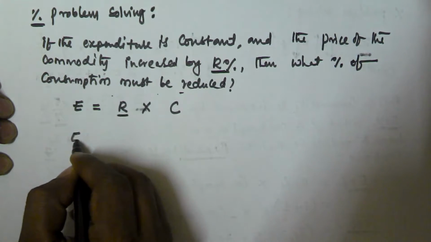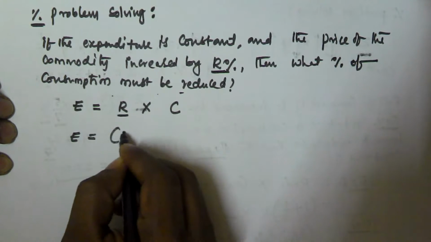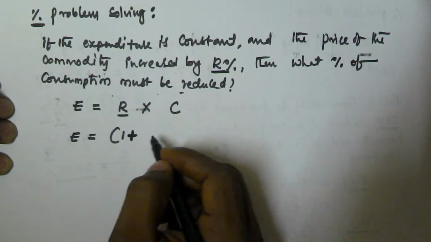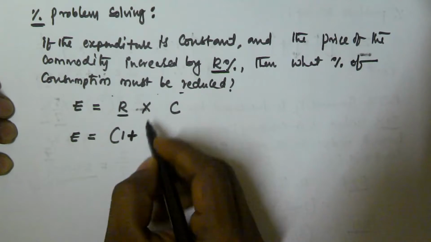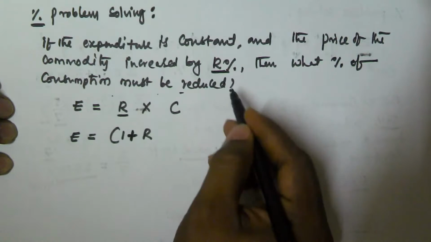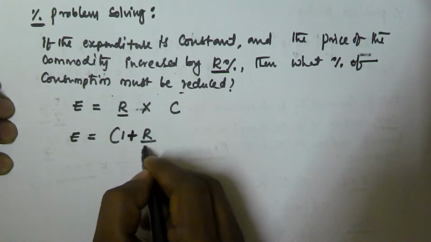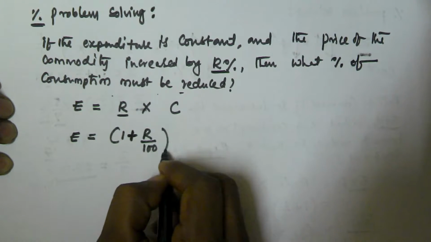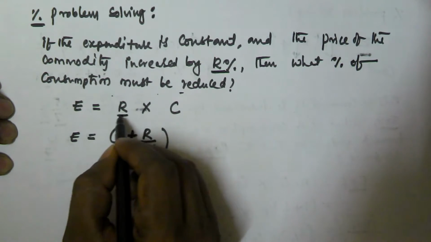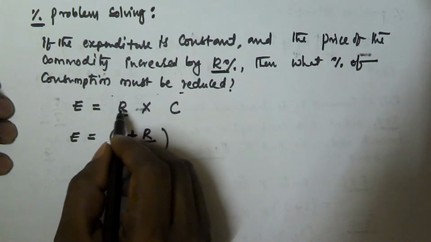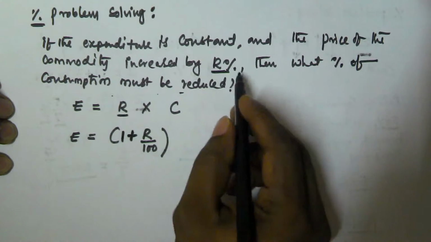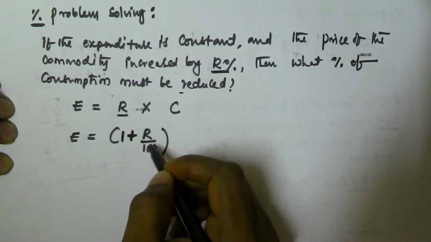So expenditure is equal to 100 percent of the initial rate, increased by r percentage. I'm converting that r percentage into a fraction, so that is r by 100. So why did I take this? Because 1 represents the 100 percent of the rate that is initially there, and it is increased by r percentage, so the equivalent fraction of r percentage is r by 100.